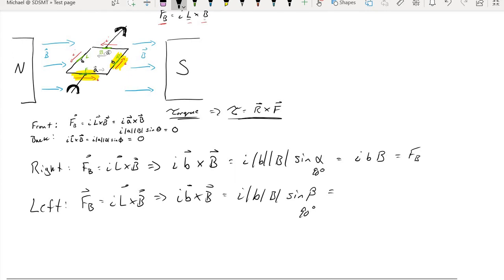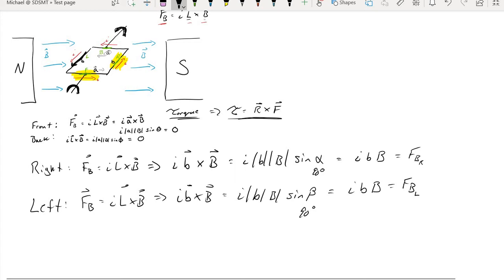But the left-hand leg is now pointing out of the page, which is at a 90-degree angle with respect to our field. Again, sine of 90 is 1. And we get I little b big B. And that's the magnitude of the force on the left-hand leg. So I'll put subscripts of R and L over here just to indicate the difference between the two.